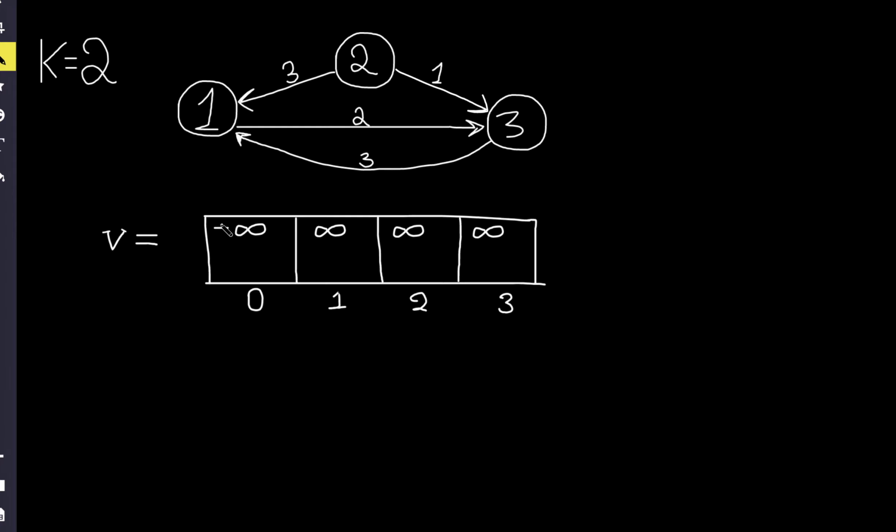And since we don't have a zeroth node, we have marked it as minus infinity here, so that it will not interfere with our solution's result. So these are marked as infinite time to reach each node. Now, given a value k, that is the starting node which we have to start from. So we have to start from this node and try to reach everything in the minimum time.